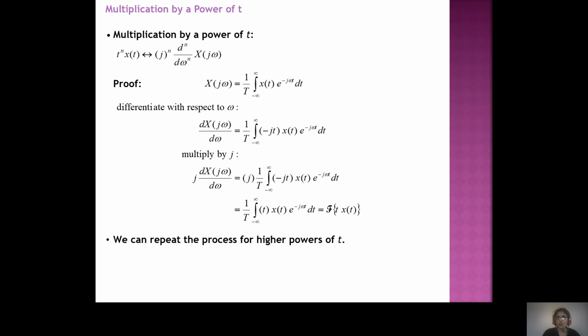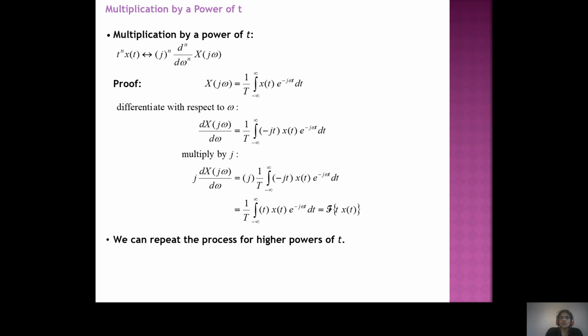Differentiate with respect to omega. So when you differentiate, dX of j omega by d omega is equal to 1 by T integral of minus infinity to infinity of minus jt x of t e power minus j omega t dt. Multiply by j, so we multiply both sides by j.